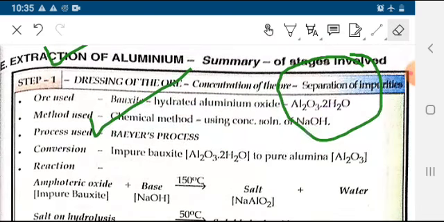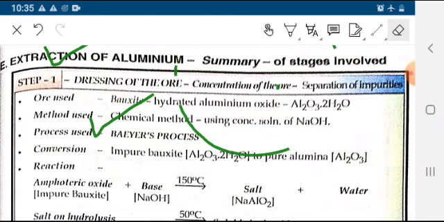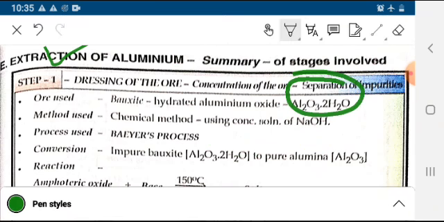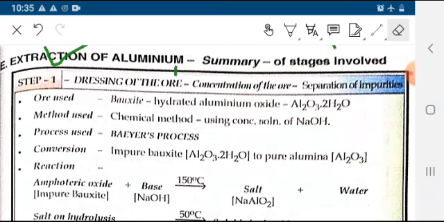Now we have to discuss the extraction of aluminium. It is the most important process. The ore used for extraction of aluminium is bauxite, and with the help of the chemical method NaOH is also used.